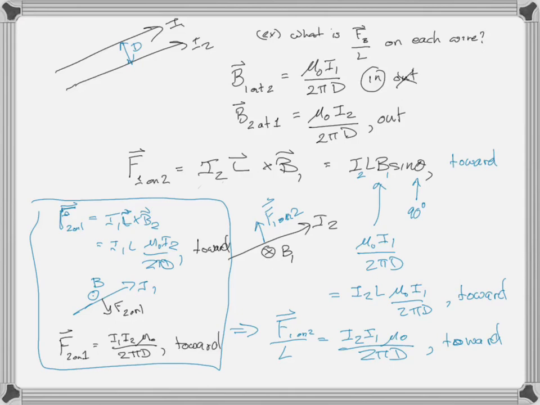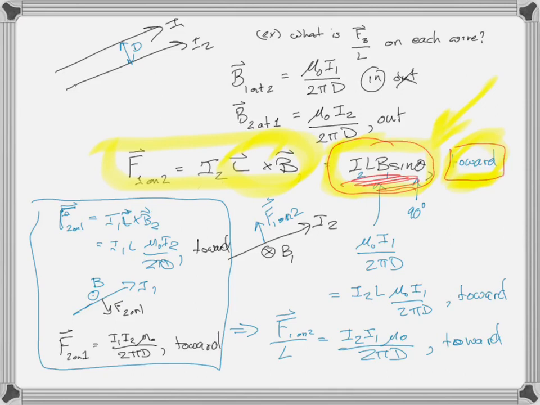But before we leave this problem, I do want to talk about signs. Let's make sure that we understand that this is a vector equation, but when we write this, this is the magnitude, and this is the direction, right? So what goes into ILB sine theta is all just positive numbers, and then we figure out the direction separately, the direction given by L cross B. So this is the magnitude and this is the direction.